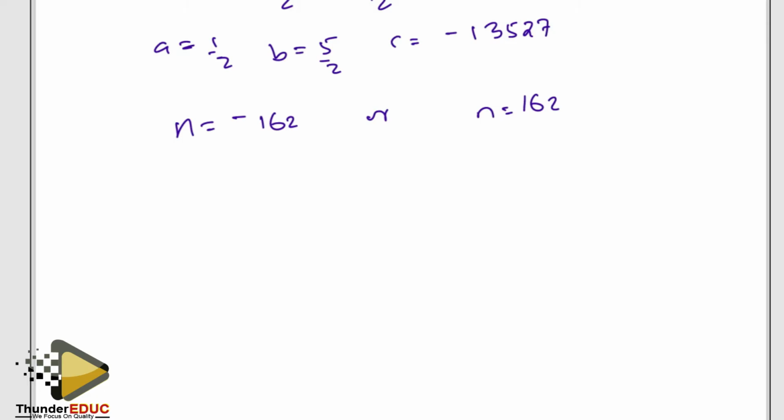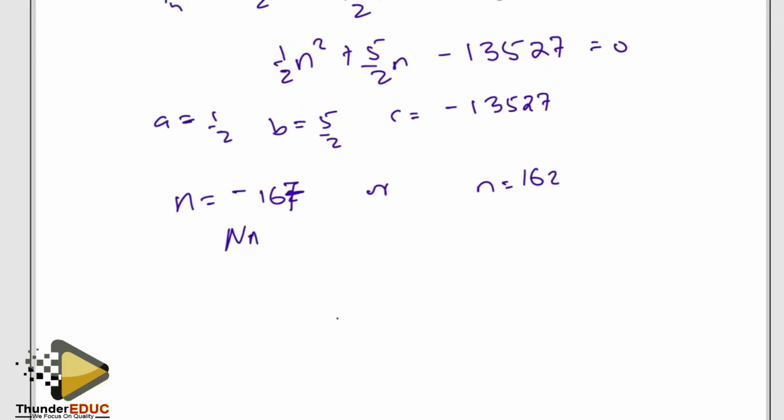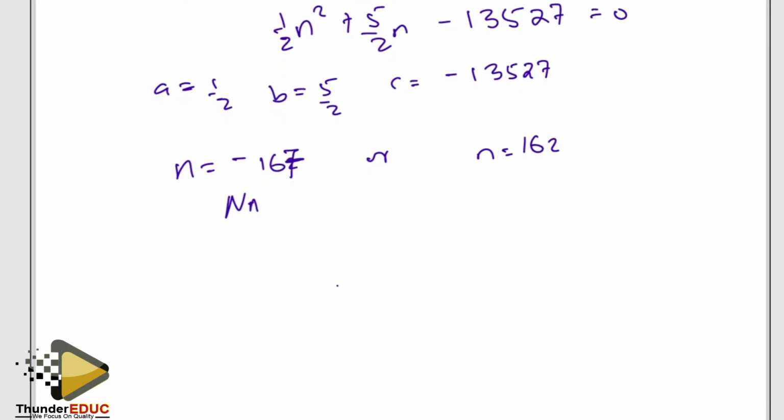Minus 13527. What do we get? That's negative 167 and then a positive 162. Now remember, position of terms can never be negative, so this is not applicable. This negative 167. So what we are left with is 162.